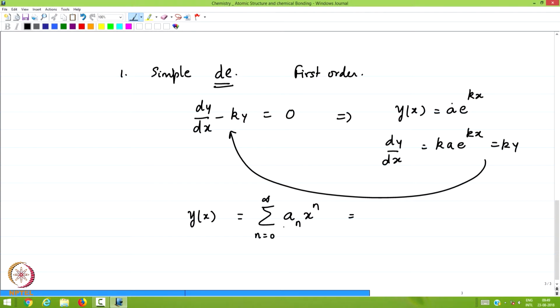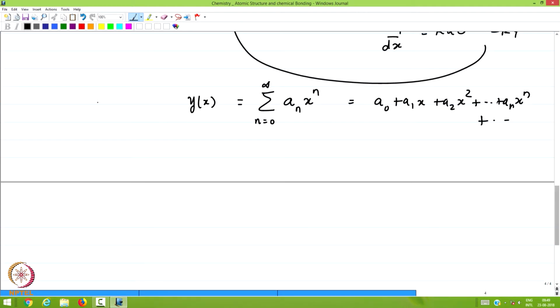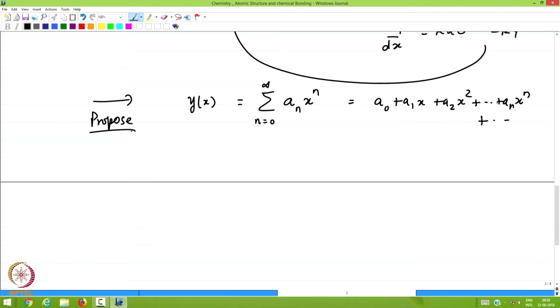This is a short representation for the term a_0 plus a_1 x plus a_2 x squared plus, etc., plus a_n x raised to n, plus and so on. It is an infinite series. Now let us try and understand this method using this particular form of the solution. We propose this as a solution and then determine the constants if we can.